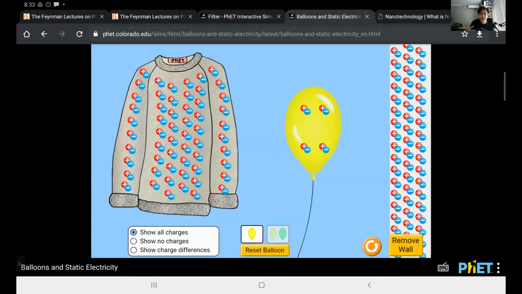Okay, and this is the scenario that you probably have experienced. Some of you guys probably get some static shock from time to time. Or sometimes it doesn't have to be a shock. It may be just an electrostatic attraction or something like that.